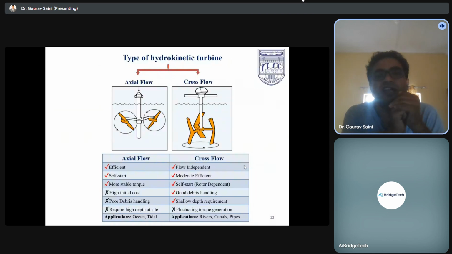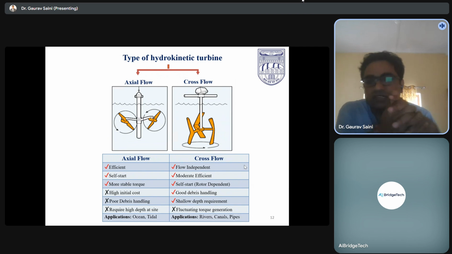If we talk about the types of hydrokinetic turbines, we have basically two types: the axial flow and the cross flow turbines. The axial flow, as you can see in this figure, has airfoil-shaped blades.